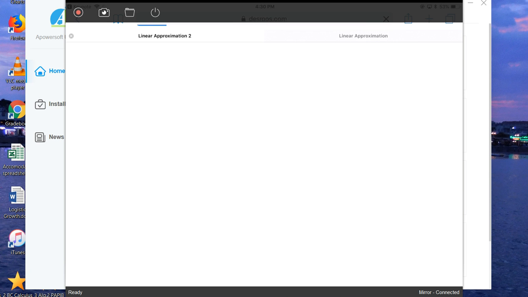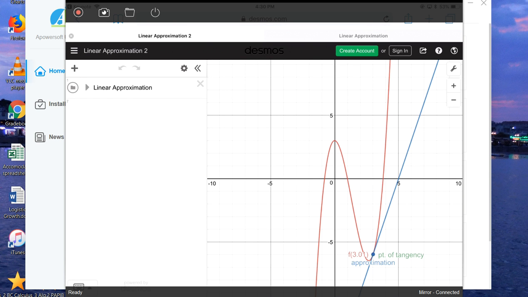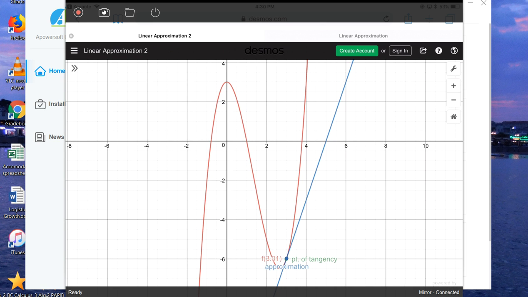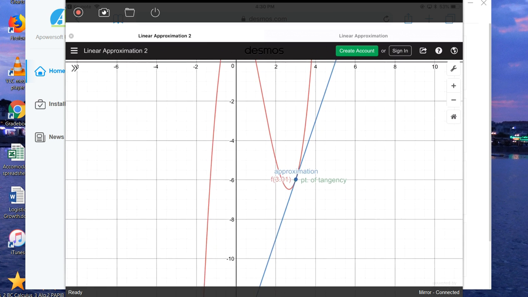All right, so let's again use Desmos and see what the graph looks like here. We've got the same graph and the same 3 points, but notice our tangent line is at a different location. The tangent line is at x equals 3 on this one. But we're going to approach this the same way.